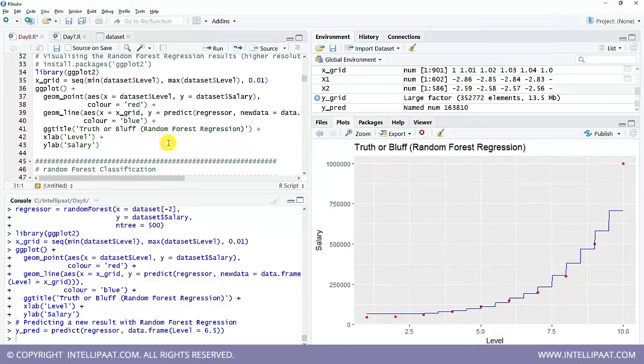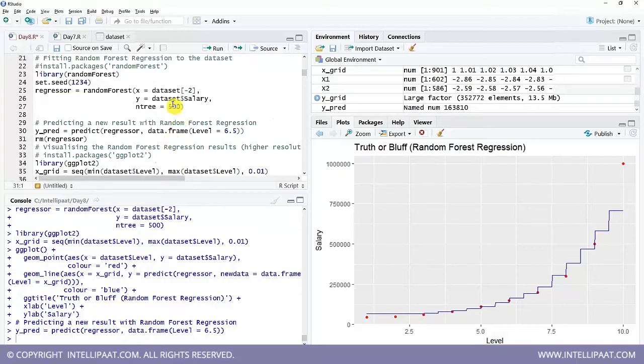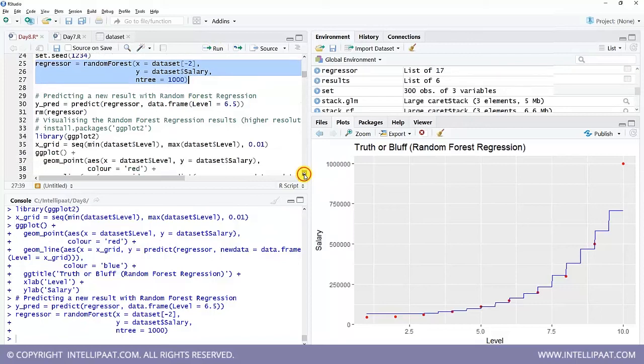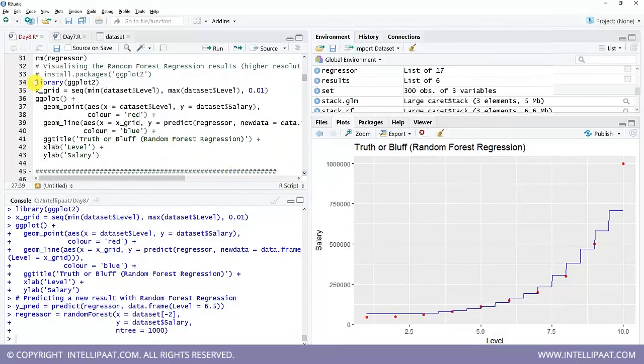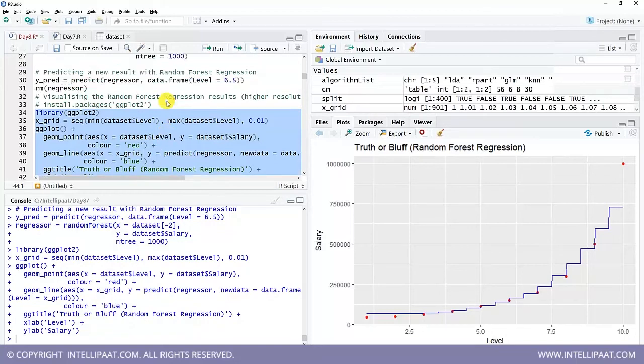How do we know how many trees? I'm going to say it's 1,000 trees now. And what is the effect it's going to make? It's almost the same. Okay, and your prediction? Did it increase?